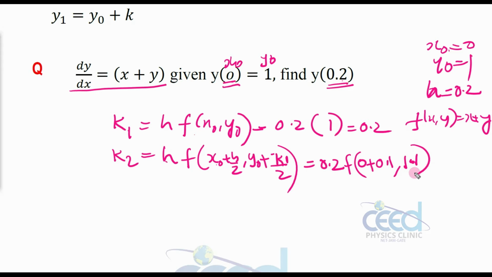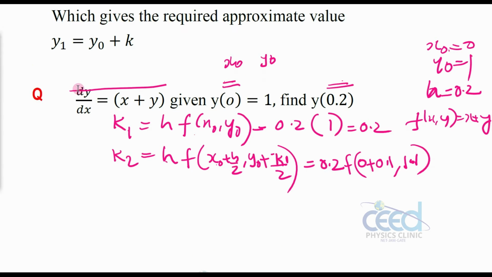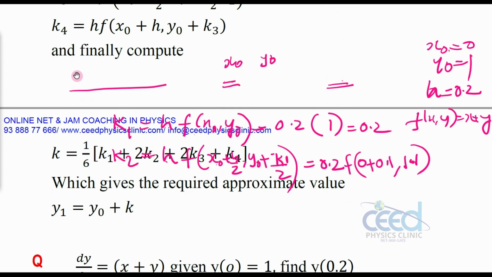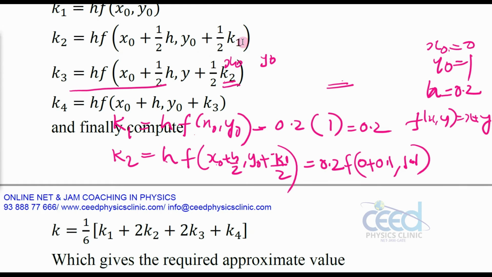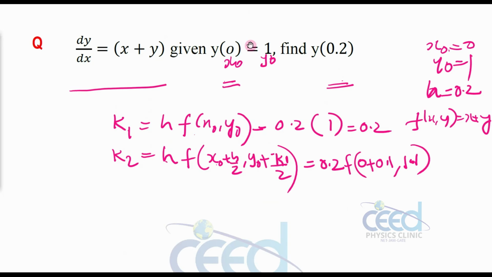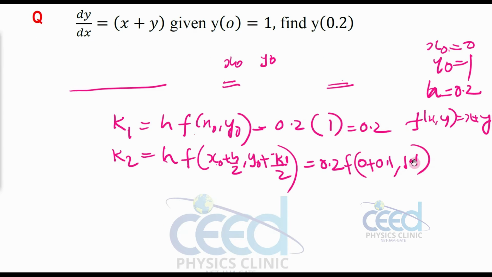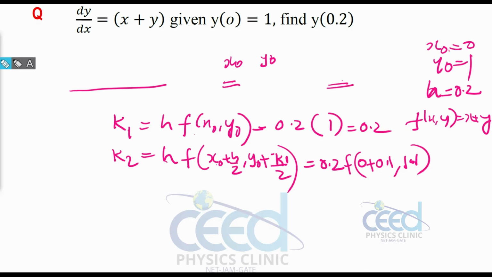So let me check the formula. y0 plus k1 by 2, and k1 is 0 plus 0.1, and y0 is 1, so 1 plus 0.1, that is 0.2 by 2, k1 by 2.